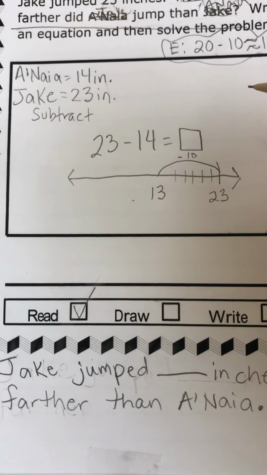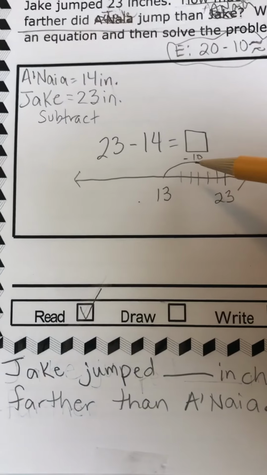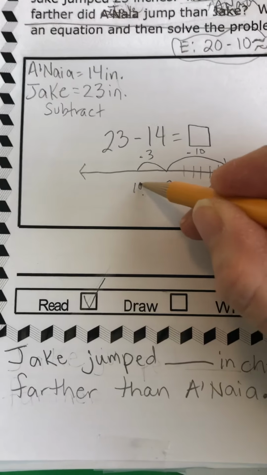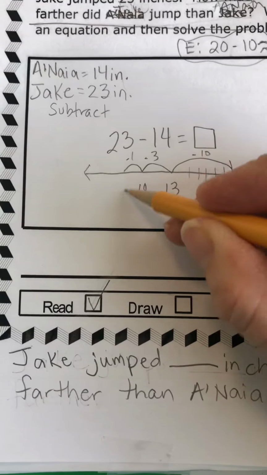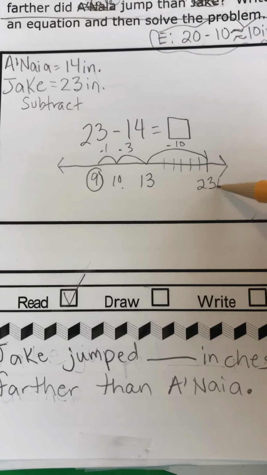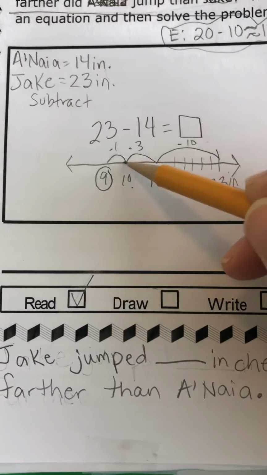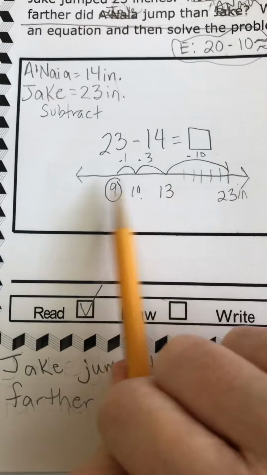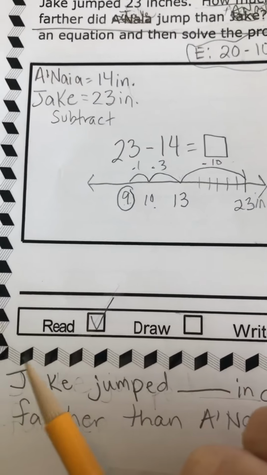So you've taken away your 10, and then we need to take away 4 more. So you can go ahead and take away 3, and that puts you at 10, and then take away 1 more, and that puts you at 9. So Jake jumped 23 inches here. We took away what Anaya jumped, and it's a difference of 9. He jumped 9 more inches farther than Anaya did.